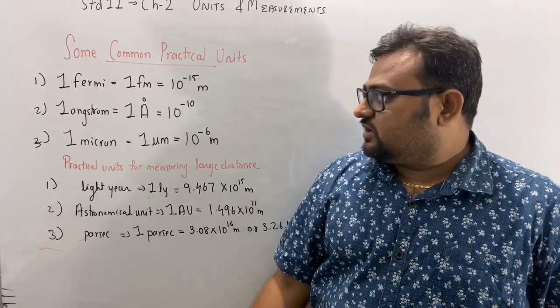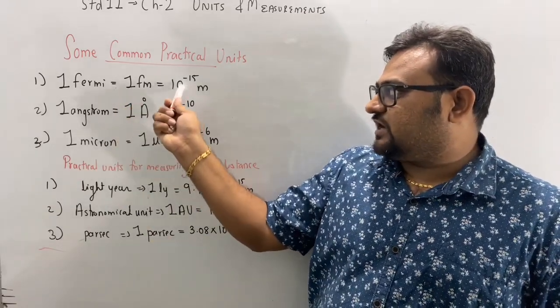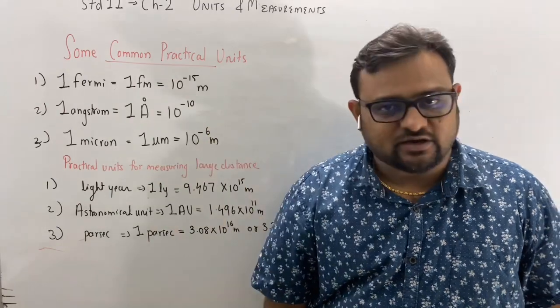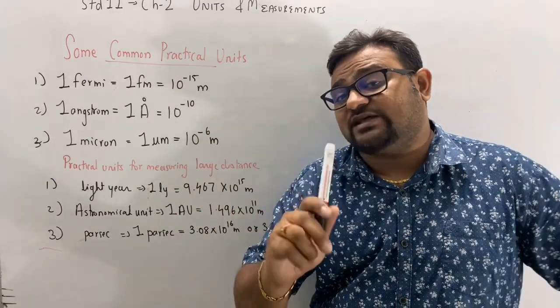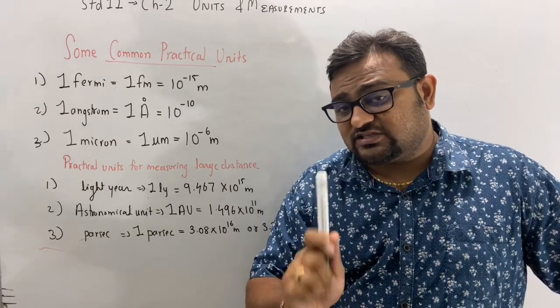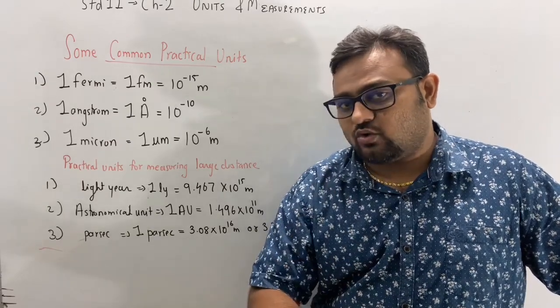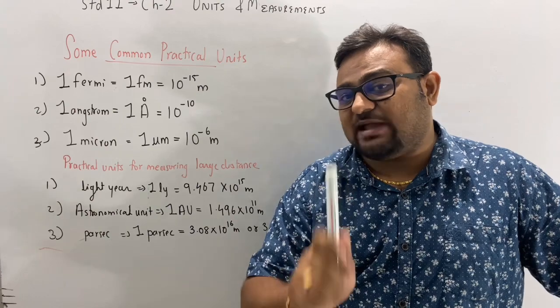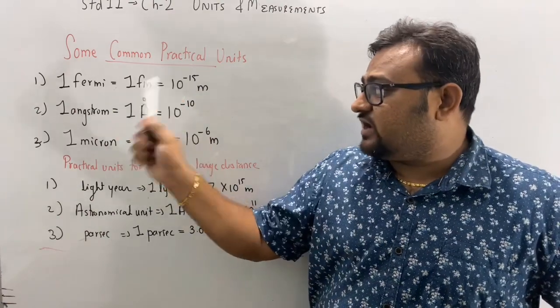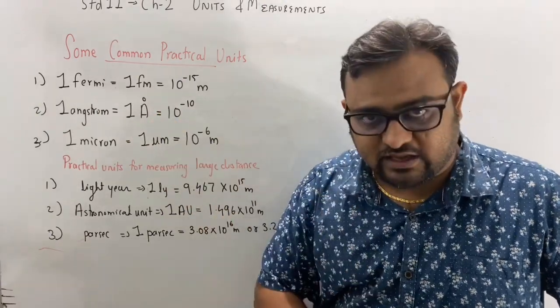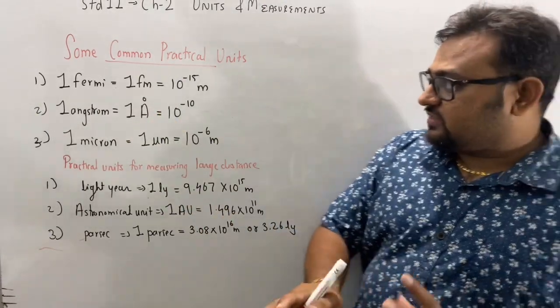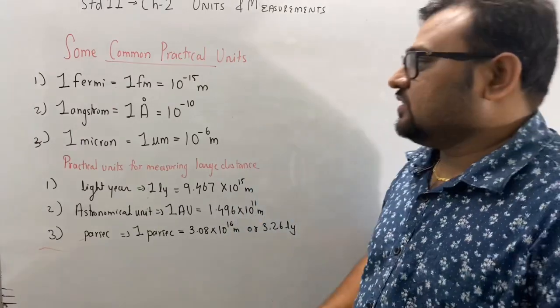We had also studied earlier that when it is 10 raised to minus 15, the prefix was femto. That fm is femtometer. And here it is 1 Fermi. Here fm means 1 Fermi. However, the value of both is same.